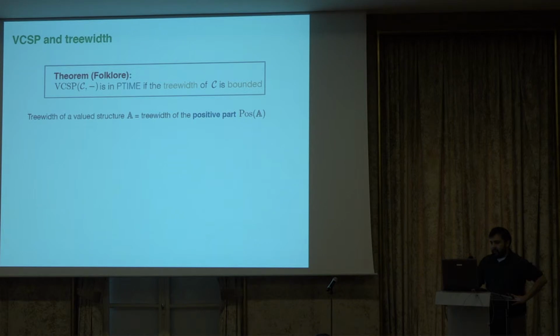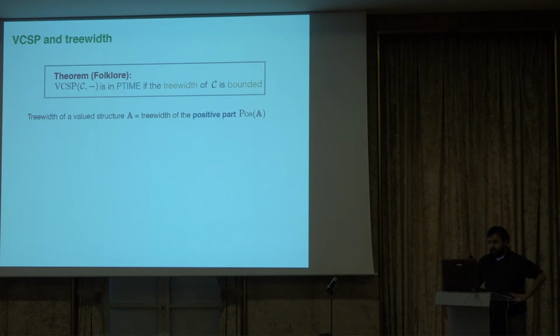So the tree width of a valued structure A is the tree width of the positive part of A, which is the relational structure given by all the tuples with positive cost, which we call pos of A. This is the way we measure the tree width for a valued structure A.